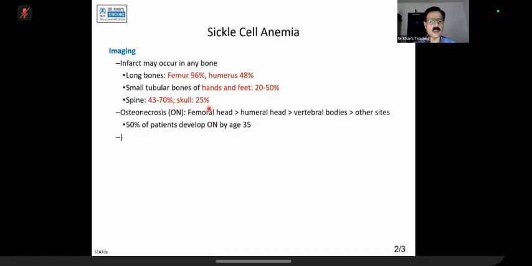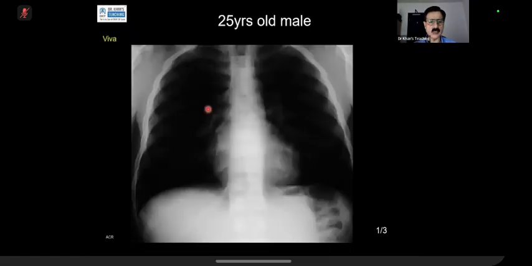So the femur is one of the most common. Please also remember that in avascular necrosis in sickle cell disease, there can be secondary infections. Beware of that: there will be double findings, avascular necrosis and infections.